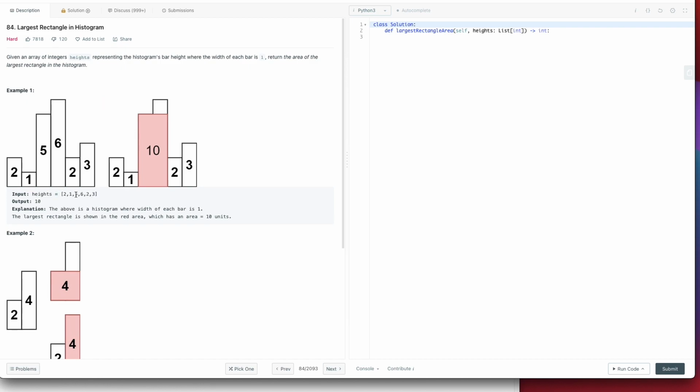If it's like 2, 1, 5, 6, 2, 3, then probably for number in these heights, i, j, you do like 2 is the maximum, and if there's anything that's less than this one, then it's the difference in the indexes, plus 1, times the minimum that's seen in this iteration, and then you just keep going out, and then your maximum here will be 1, 2, 3, 4, 5, 6.